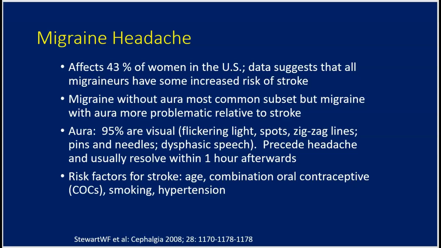When you look at aura, 95% of aura episodes are visual, including things like flickering lights, spots, zigzag lines, pins and needles, and dysphasic speech. And there's a whole host of additional possible auras. They must precede the headache and usually will resolve within 1 hour afterwards. In addition to migraine headaches, all of this interacts with age, with combination oral contraceptive products, as we'll show you, as well as smoking and hypertension.